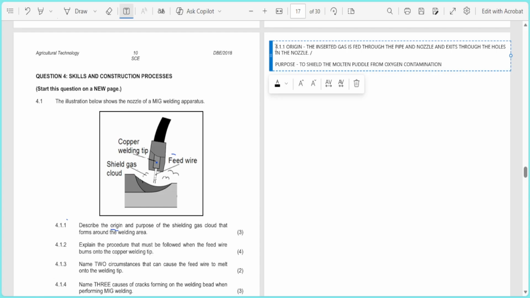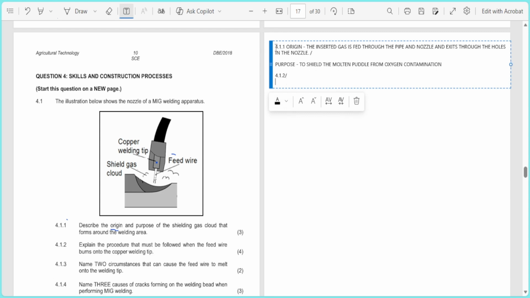Okay, so that's 4.1.1. Now for 4.1.2: explain the procedure that must be followed when the feed wire bends onto the copper welding tip.